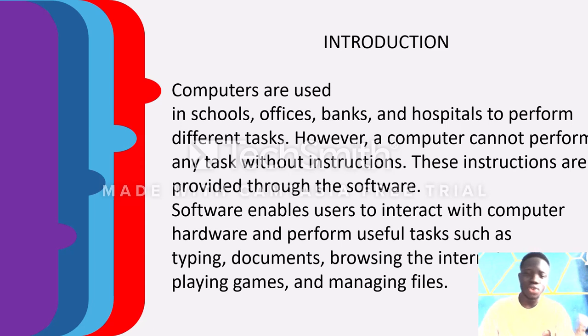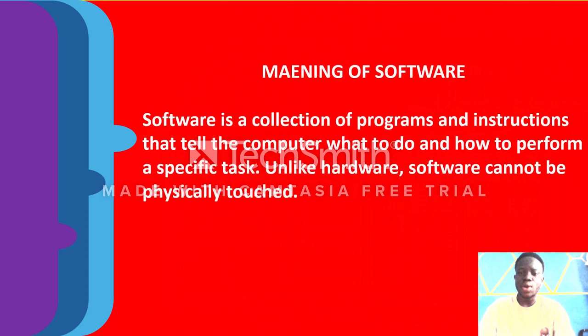These instructions are provided through software, which enables users to interact with computer hardware and perform useful tasks such as typing documents, browsing, playing games, and managing files. So let's look at what computer software is.